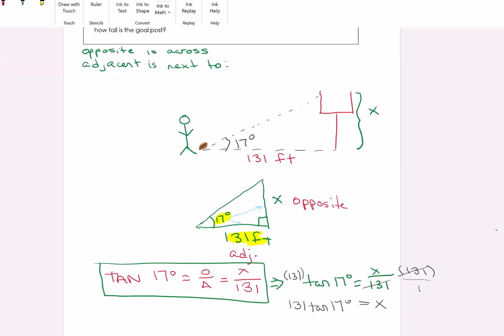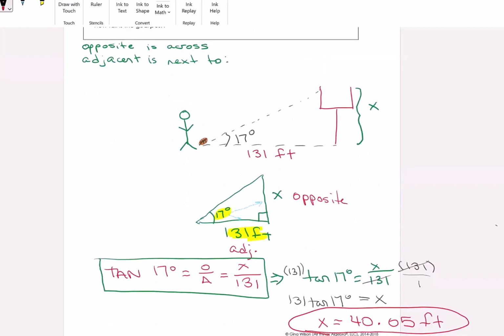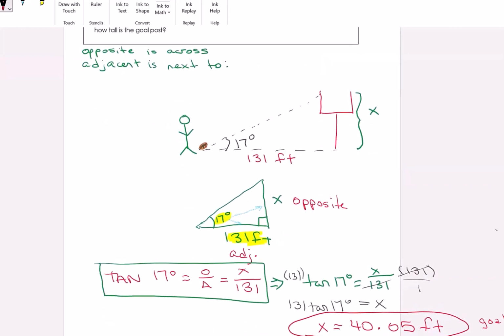And now again, I have to take out my calculator. X is equal to 40.05 feet. What does that mean? How tall is the goalpost? The goalpost is 40.05 feet. I just have to figure out what parts I have. Do I have opposite? Do I have adjacent? Do I have a hypotenuse?